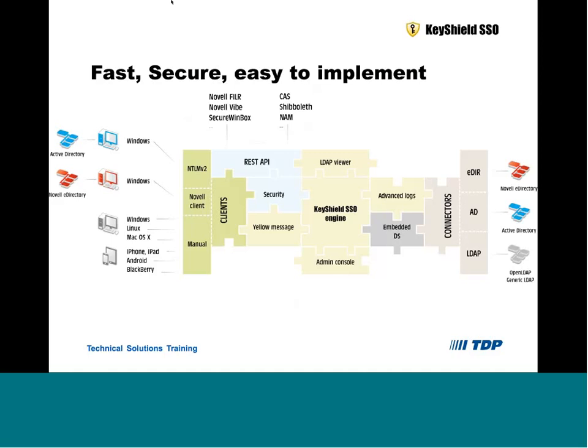With the REST API, it's easy. You can integrate even a Fox-based system, why not? Here we have examples of modern systems like Firewide, Shibboleth, NUM, but we also do Squid and other systems. It's working.